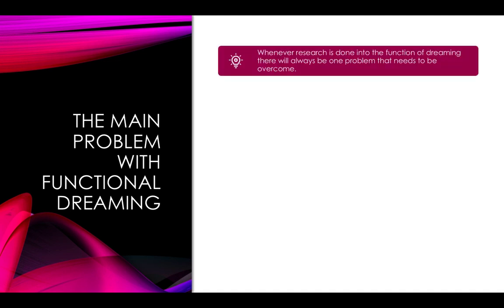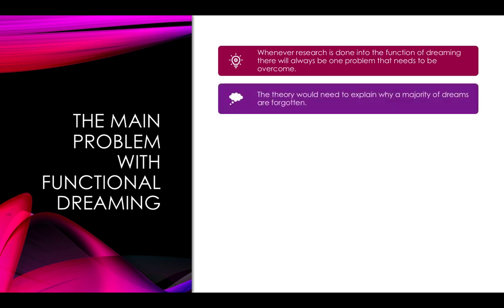So just before we finish off by looking at the functions of dreams, we're going to tackle probably the main problem with functional dreaming, the idea of dreaming having some kind of function, and we can work out what this function is. Whenever research is done into the function of dreaming, there will always be one problem that needs to be overcome, and that is how we explain why a majority of dreams are forgotten.